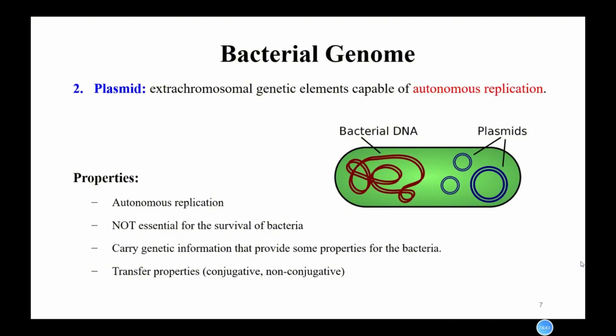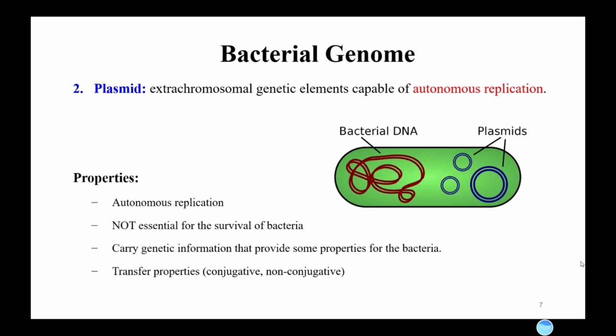If you try to get rid of the plasmid, the bacteria still survive. But the presence of the plasmid might provide some property for the bacteria. For example, if the plasmid carries some antibiotic resistance gene, this bacteria will be antibiotic resistant.